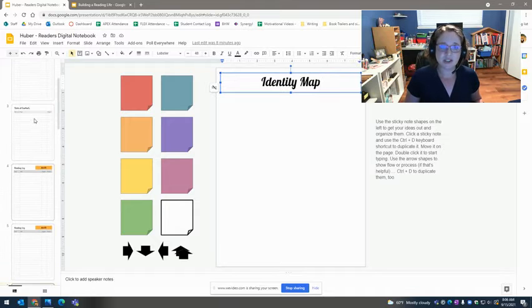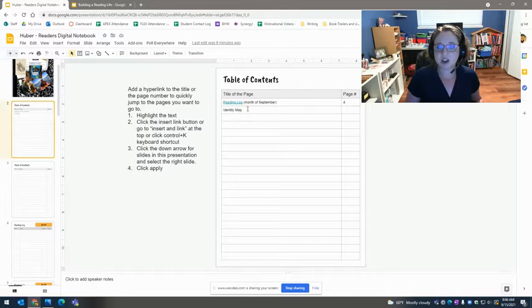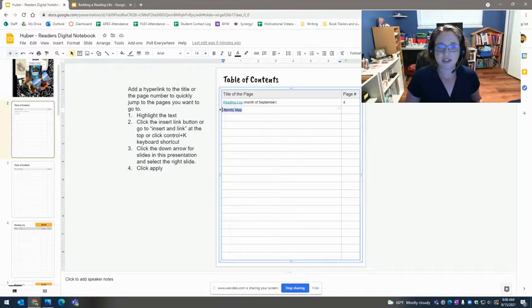I'm also going to take a minute just to add it to my table of contents so that I know where it is. If I was using my paper notebook, I could just go to the page that I wanted. Maybe I'm going to get some sticky notes out, and then I'm going to add it to my table of contents again, just so I know where it is. And if I was using a paper notebook, I might be a little bit more interested in the page numbers. I would take a minute to number your pages.